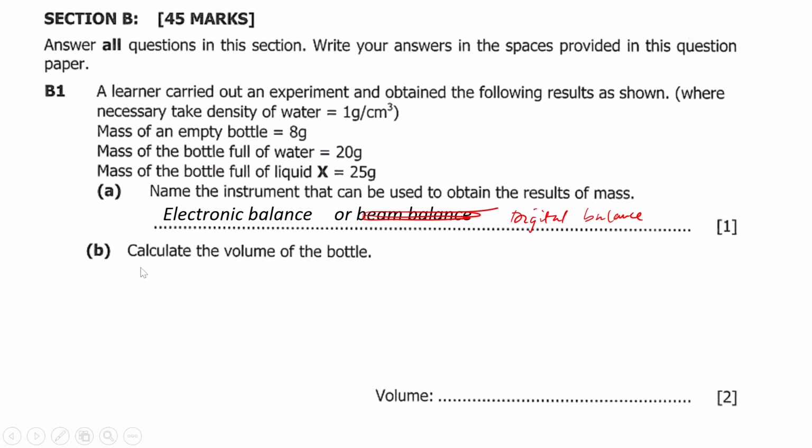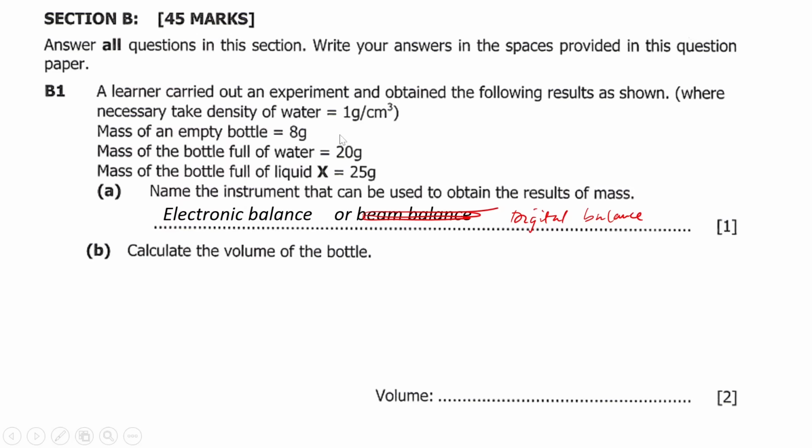Okay, so now here they are saying calculate the volume of the bottle. To calculate the volume, we need to know first of all what we are provided. We are told the mass of an empty bottle is 80 grams. The mass of the bottle full of water is 20 grams. Then the mass of the bottle full of liquid X is 25 grams.